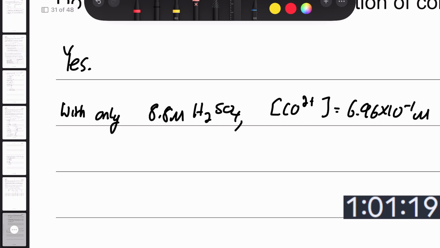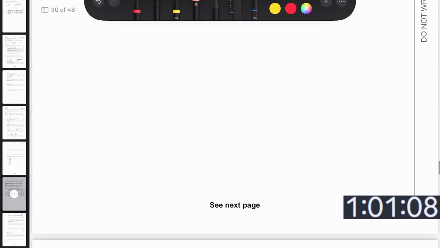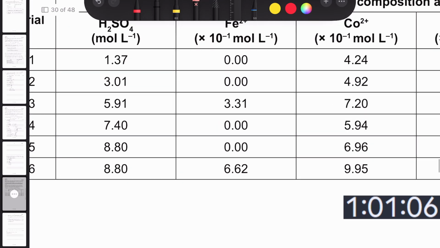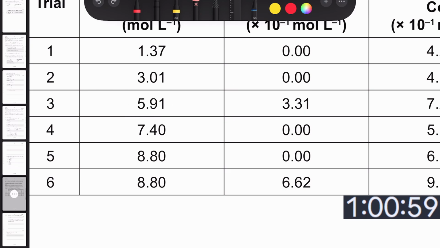But with 8.8 molar H2SO4, because you need to compare it to something where it's the same concentration of H2SO4. So I can't use this one because there's no other trials that just use 5.91.